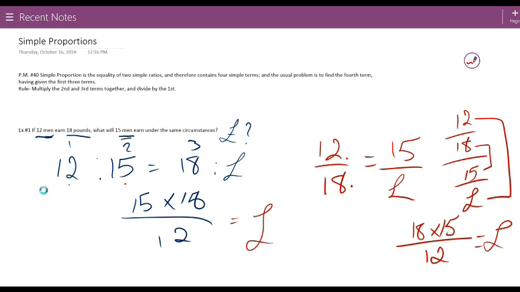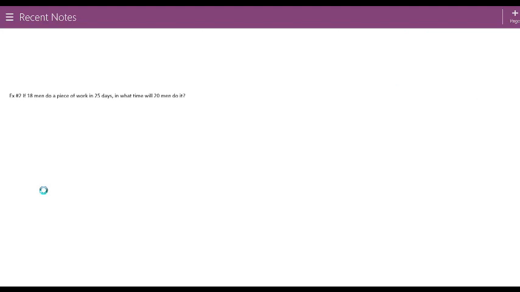Okay, let's look at example 2. If 18 men do a piece of work in 25 days, in what time will 20 men do it? So we have 18 men, 25 days, 20 men, and our unknown is the number of days.